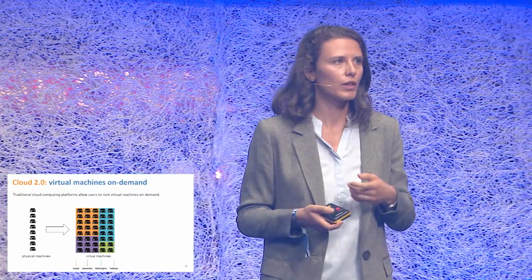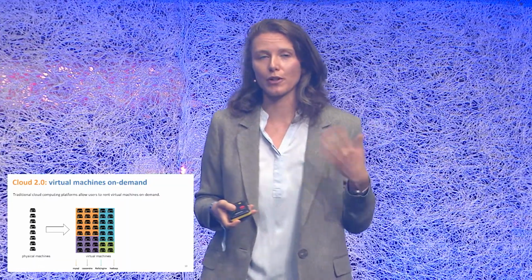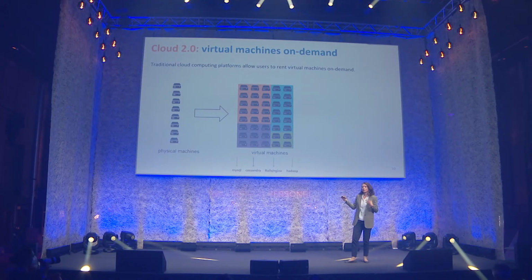The next thing that the cloud allows us to do, and this is the traditional model of cloud computing today, is these virtual machines being rented at fine time granularities. It started off with you could rent a virtual machine for an hour. More recently, you can rent them for a minute or even per second. So you can say you have different applications. Here we have an example of MySQL and Cassandra, which are databases, Rails and Nginx web apps, and Hadoop data analytics and storage.